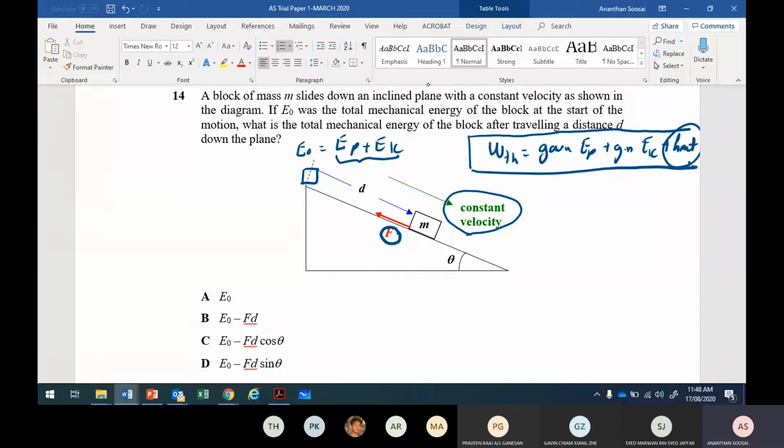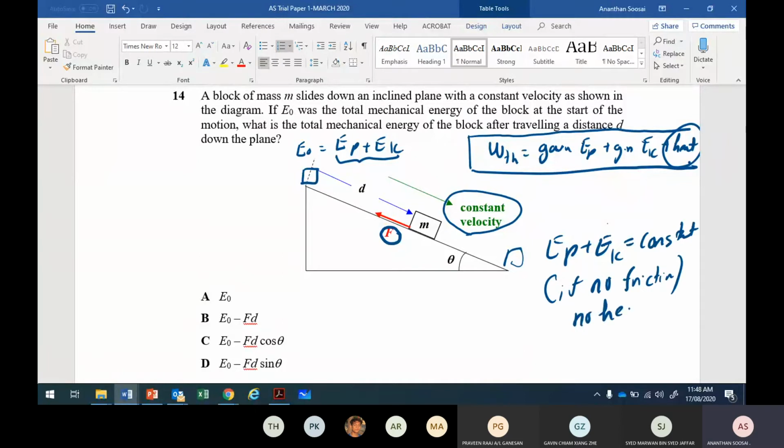You see, if this surface is frictionless, then when it comes down, EP plus EK is going to be constant. If no friction, that means no heat, so the total EP plus EK will be the same.